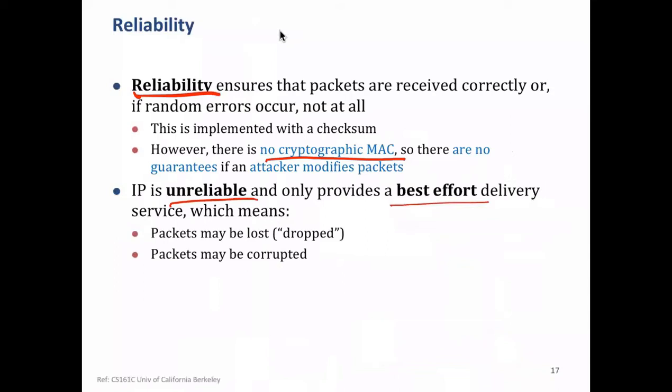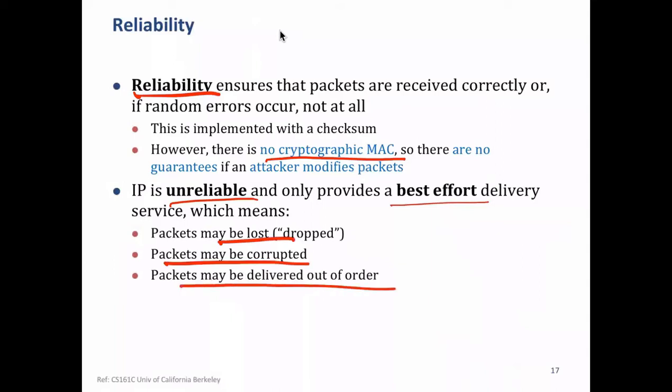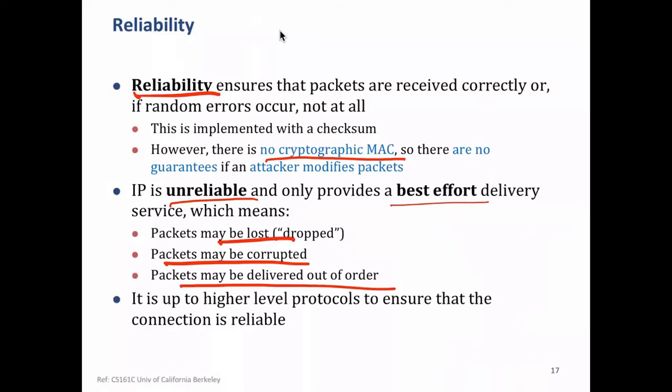If required, endpoints can do retransmission, but any node in between can drop the packet if there is congestion. So packets can be dropped, packets can be corrupted, packets can be delivered out of sequence. The second packet from a source can reach earlier than the first packet and so on. So now it's the responsibility only of the end node to do the corrections.